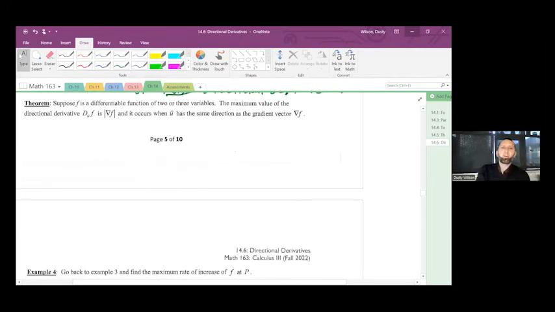This is captured in this theorem. Suppose f is a differentiable function of two or three variables. The maximum value of the directional derivative, that is, the directional derivative of f in the direction of u, is the magnitude of the gradient of f. And it occurs when u has the same direction as the gradient vector del f.